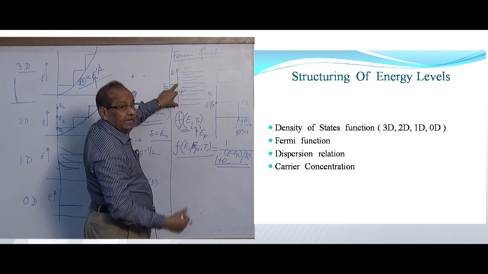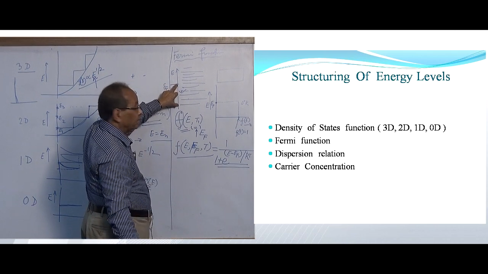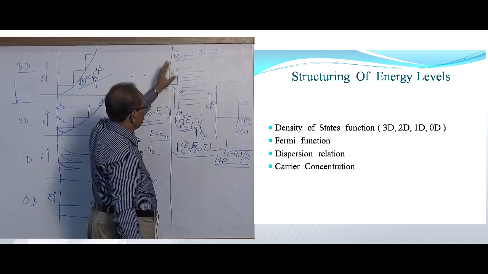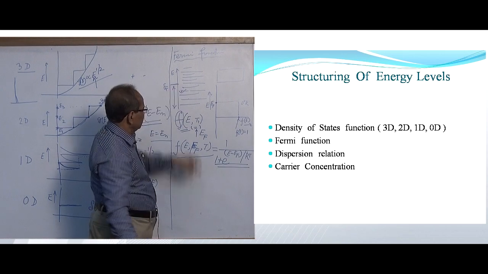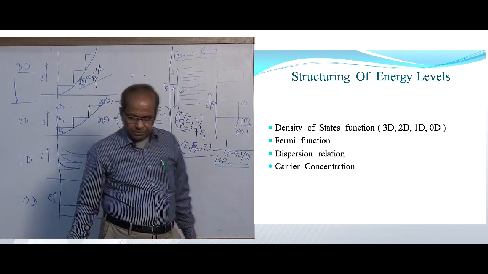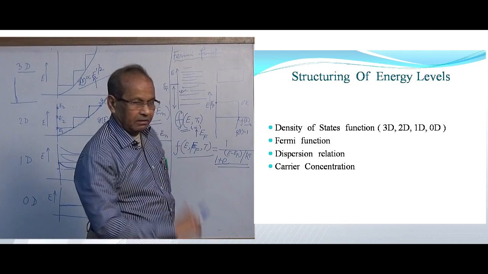They are accepting the electrons with 100% probability, but after that no question, the highest value of the energy, and this is your Fermi energy or the Fermi level.